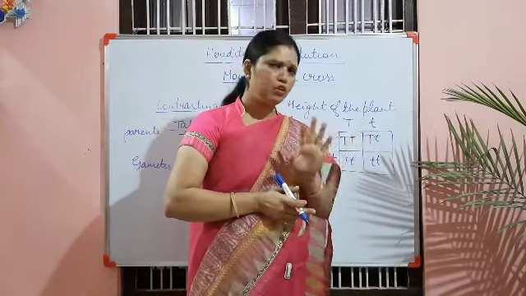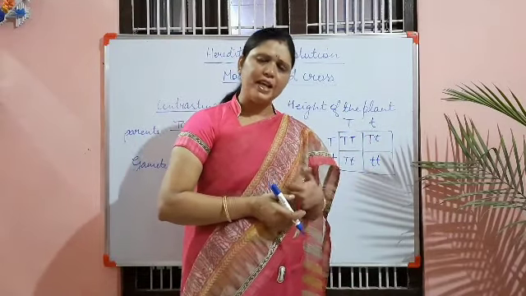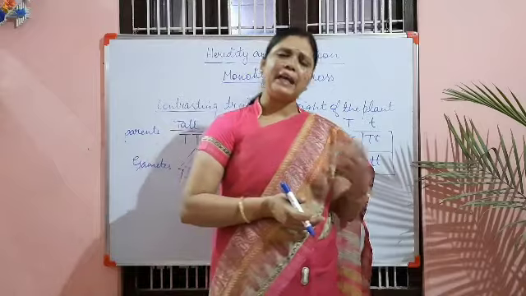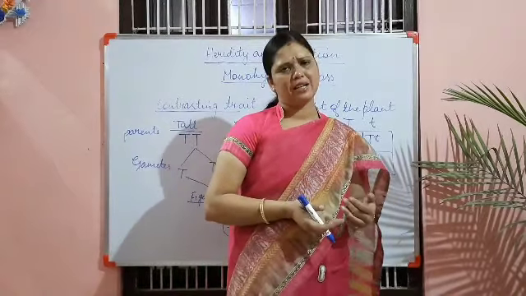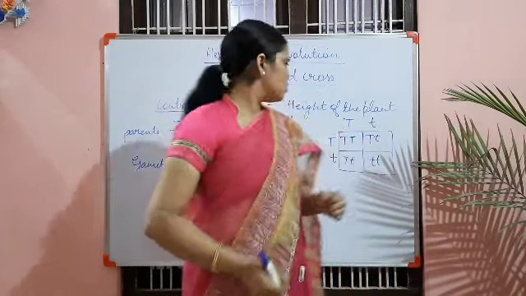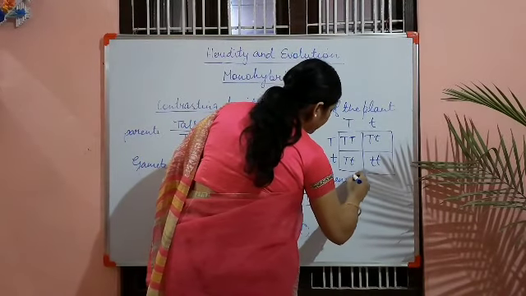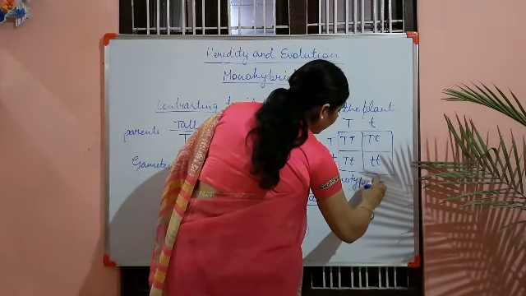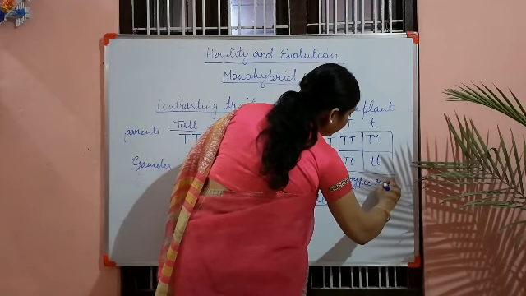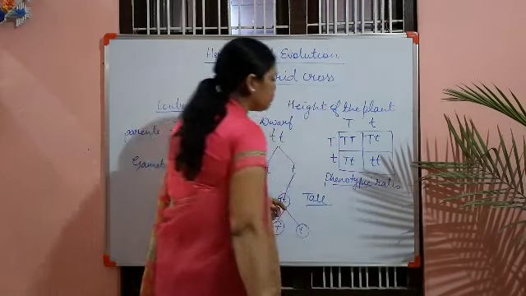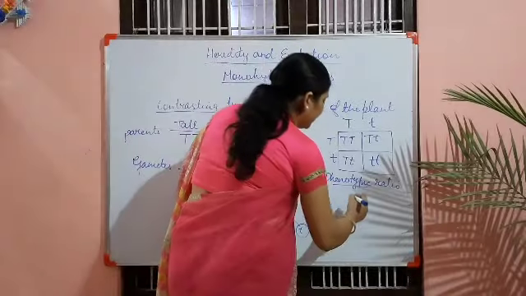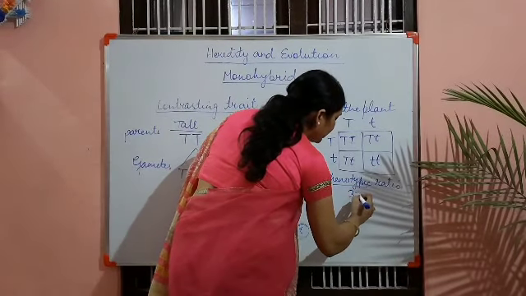Genetic makeup we cannot see from outside; we can see it by analysis only. Okay, so just see here, if we talk about phenotypic ratio, always remember it depends on morphological character. So the phenotypic ratio will be 3:1.